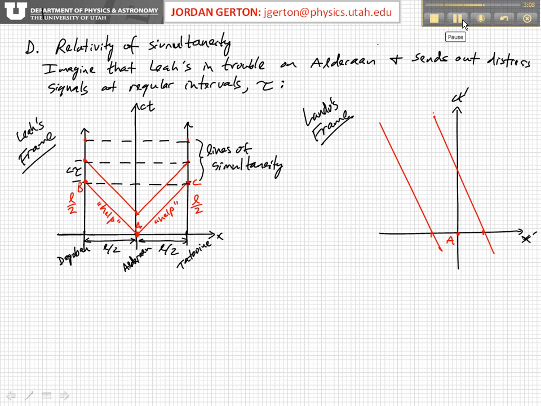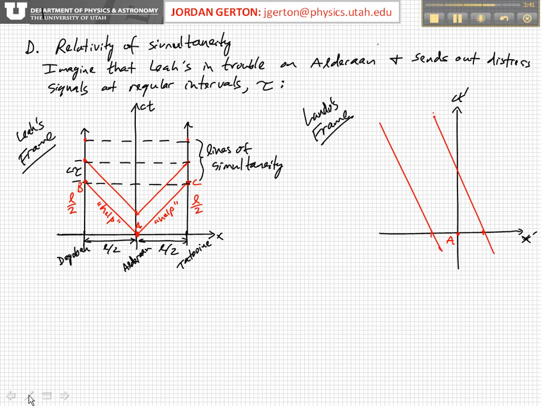Now, what happens in Lando's frame, in the boosted frame? Remember, Lando's flying between Dagobah and Tatooine in that direction, and so in Lando's frame he sees Dagobah and Tatooine and Alderaan moving backwards, and so again the world line of Dagobah, of Luke, has a negative slope of -1 over beta, and so does Han's, and of course so does Leia's.